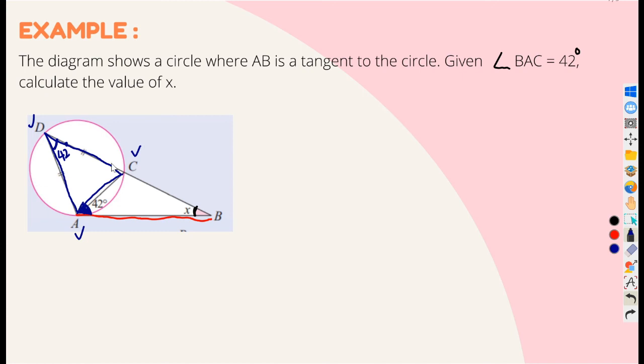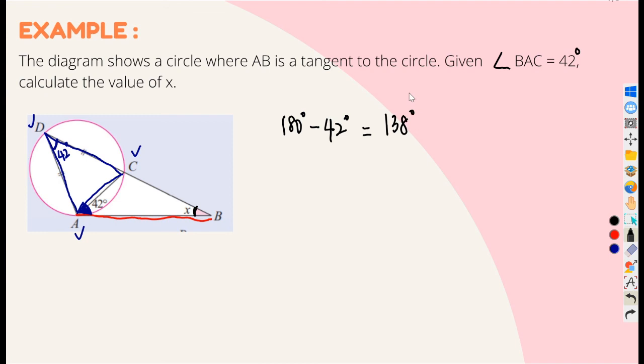From here, as you can see, these two lines are the same length, so this triangle is an isosceles triangle. So we want to find the angle at A and C. So 180 minus 42, you will get 138.